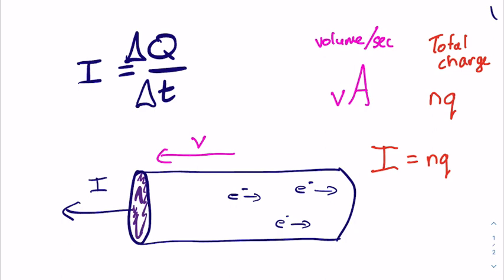So if this is total charge per unit volume, and this is total volume per unit time, then by multiplying those two together, we get the total charge per second, which is the current. So we end up with nqvA, or as it is in your data booklet, I equals nAvq.